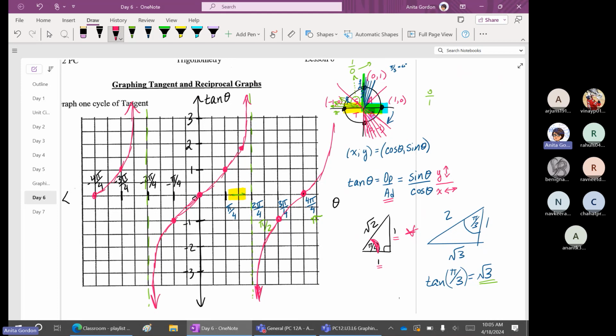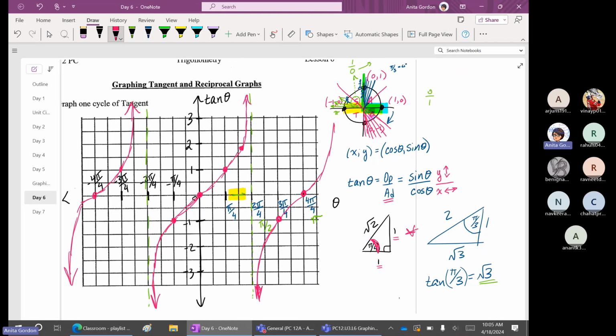I'm going to keep the pattern. And then it kind of looks like a cubic function. Not exactly, but you know, every time the line moves on the x-axis, to the right of the 0, we are going to go moving up.